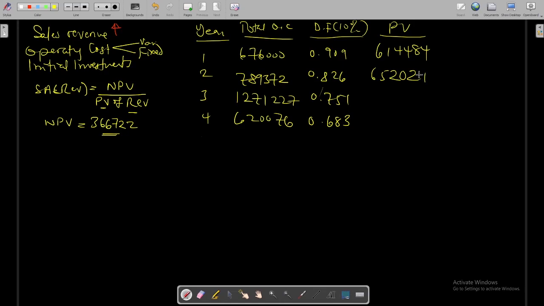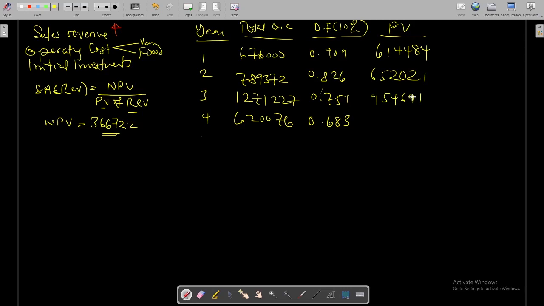The next one will be 0.751 multiplied by 1,271,227, and that will give us 954,691.